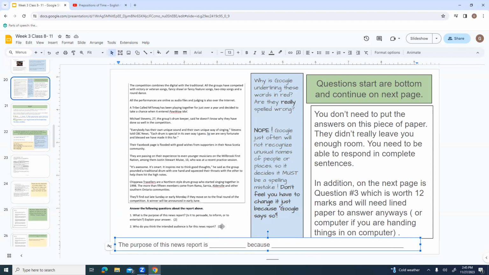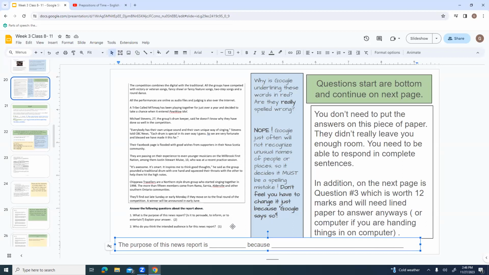And then, who do you think the intended audience is for this news report? In that case, you're just thinking about who would want to read it. Who would want to read articles about powwow competitions, a drumming competition, right? And there is more than one way to answer this.